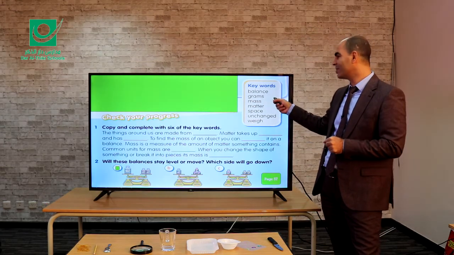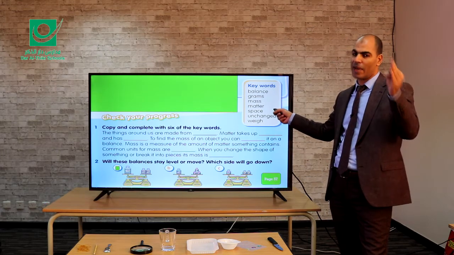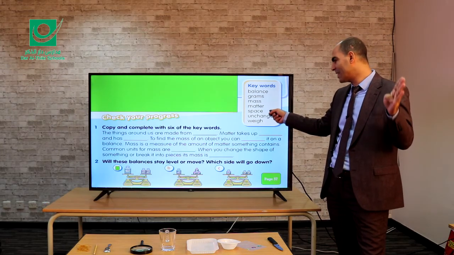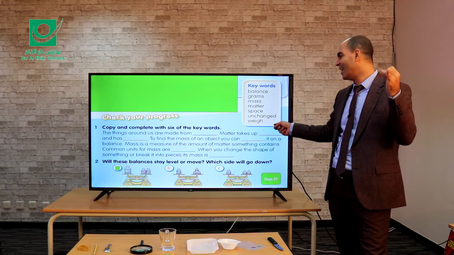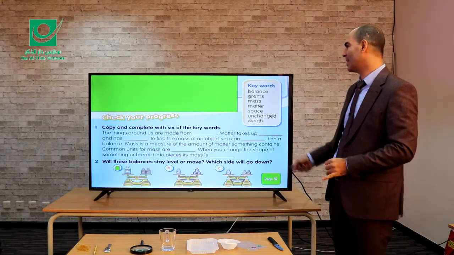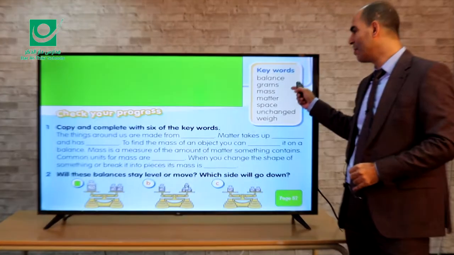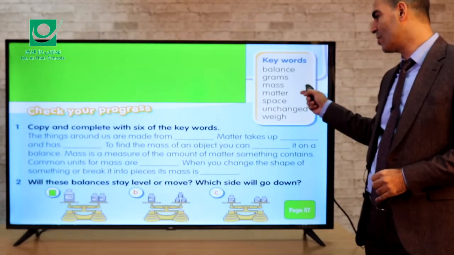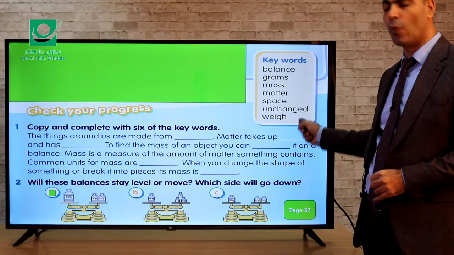The first word, balance, grams, mass, matter, space, unchanged, and weigh. Again, balance, grams, mass, matter, space, unchanged, and weigh.